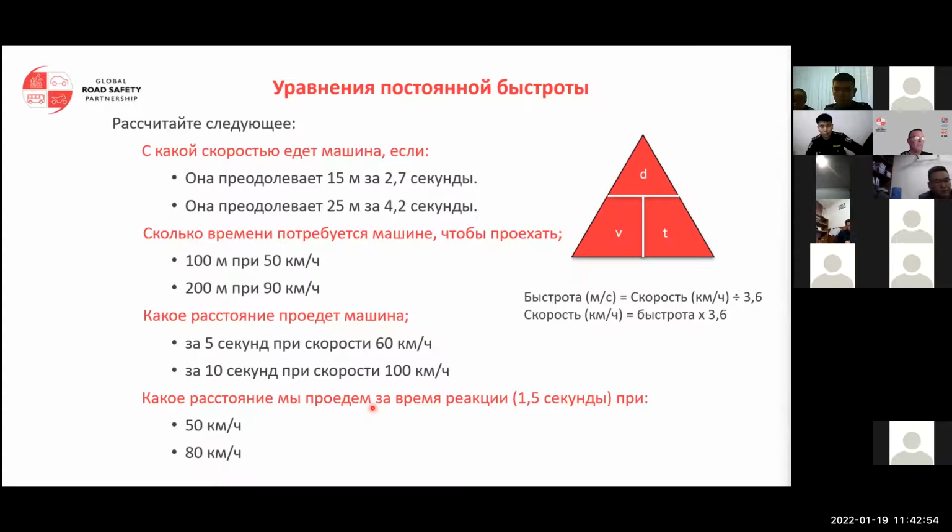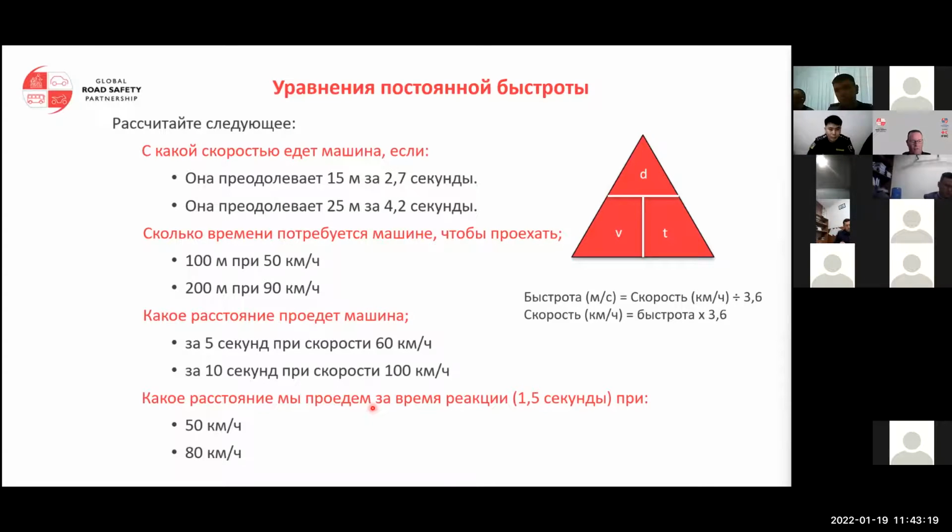Based on studies around the world, 1.5 seconds is a good generic perception reaction time. The important thing to remember is that during that perception reaction time, your vehicle speed isn't changing. You are sitting there thinking about what am I going to do in this situation.